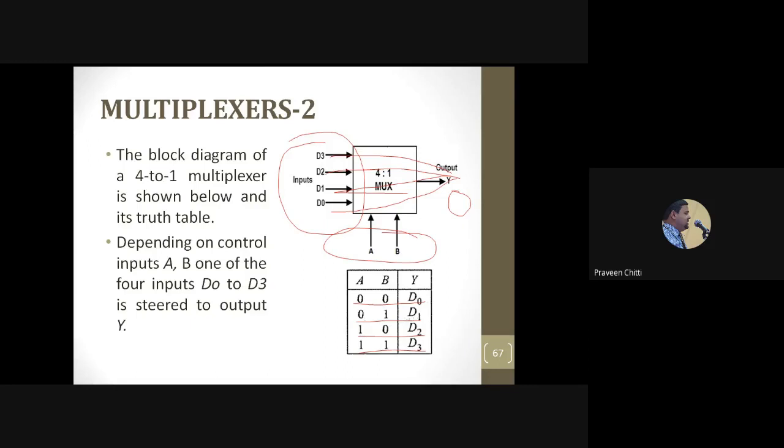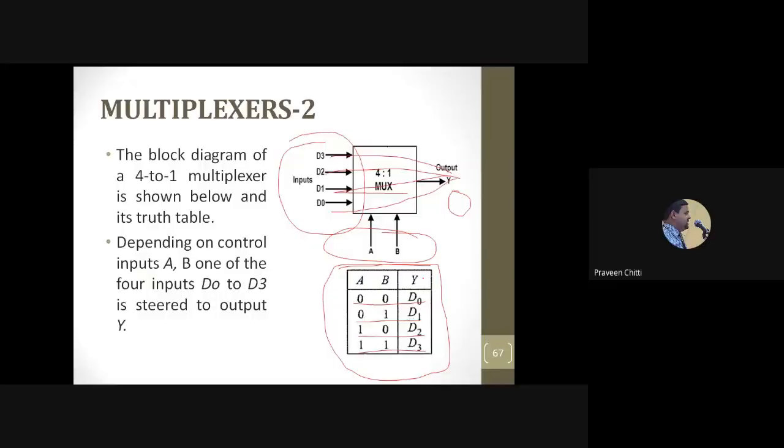Now can anybody tell me what logic equation can represent the 4:1 mux? You have to use this particular table. This is not exactly a truth table; we can call it a function table of the 4:1 mux. Using this table, can we write the expression for Y, the output?